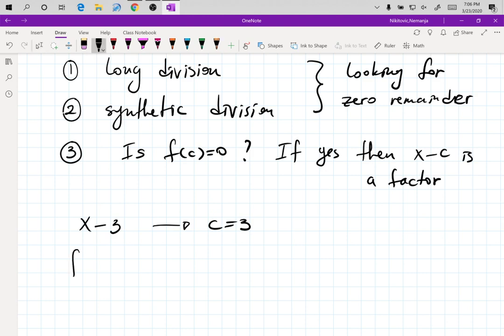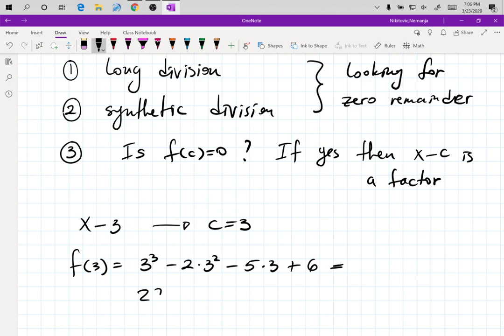So all I need to do is f of 3. That's 3 cubed minus 2 times 3 squared minus 5 times 3 plus 6. If this is 0, x minus 3 is a factor, 3 is a root, and that's going to be the next lecture.